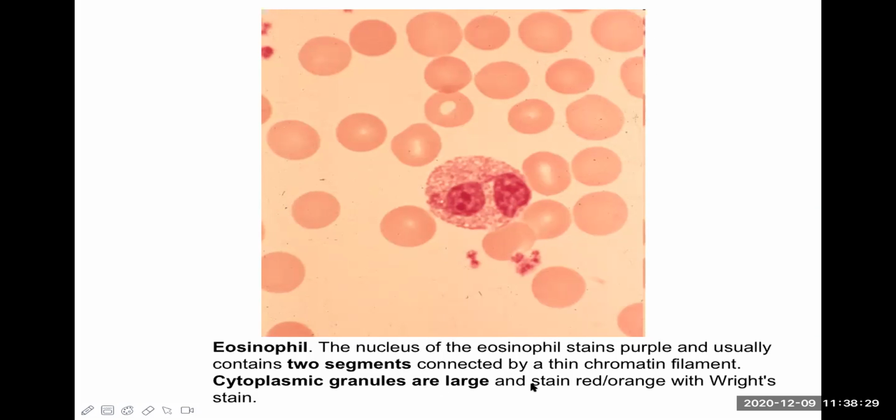Cytoplasmic granules are large and they stain red or orange with Leishman stain. So how to identify it? Just look at the granules and the bilobed nucleus. That's it. And it is slightly pinkish. A bluish type is basophil, a pinkish type is eosinophil.